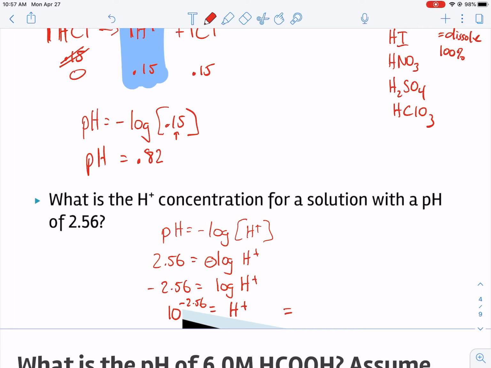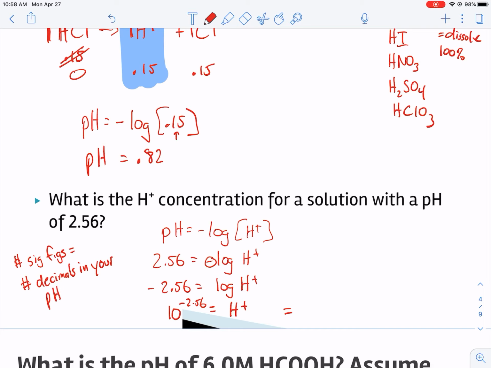And when we get that in the calculator, we get, so I had 2 decimal places, basically the number of sig figs equals the number of decimals in your pH. I'm not going to be super picky on sig figs here.